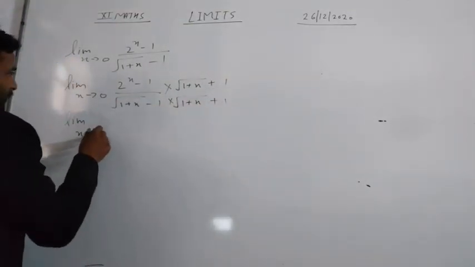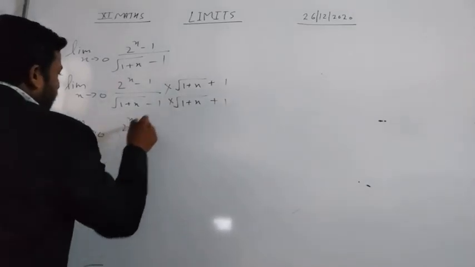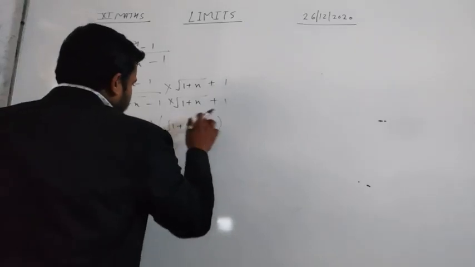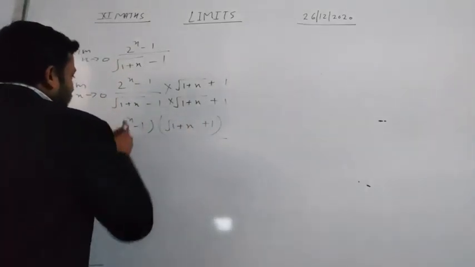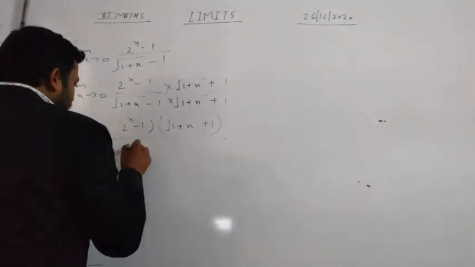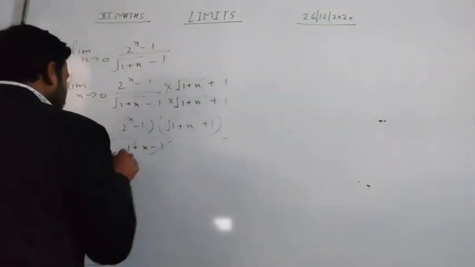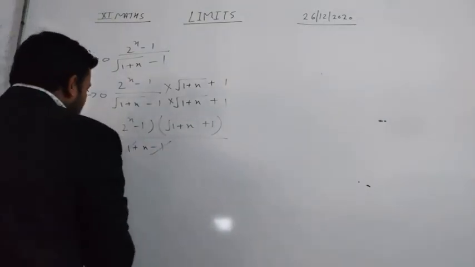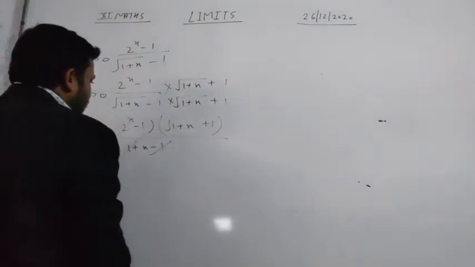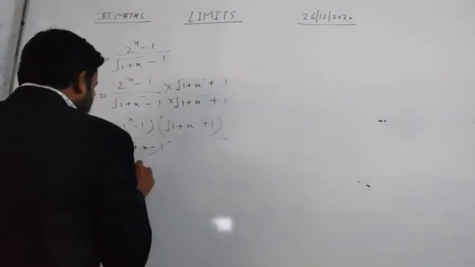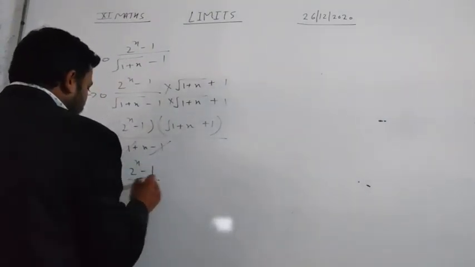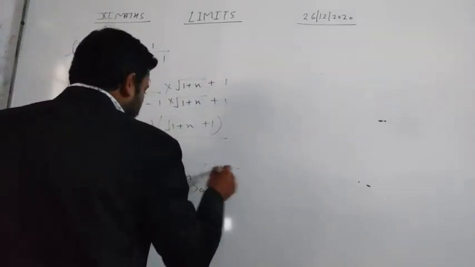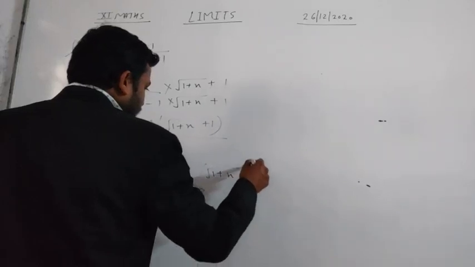Limit x tends to 0, 2 to the power x minus 1, root 1 plus x plus 1. This is a minus b, a plus b, so a square minus b square. This is cancelled. Limit x tends to 0, this is 2 to the power x minus 1. Okay, student. So we write this, and taking the limit here also, x tends to 0, root 1 plus x plus 1.